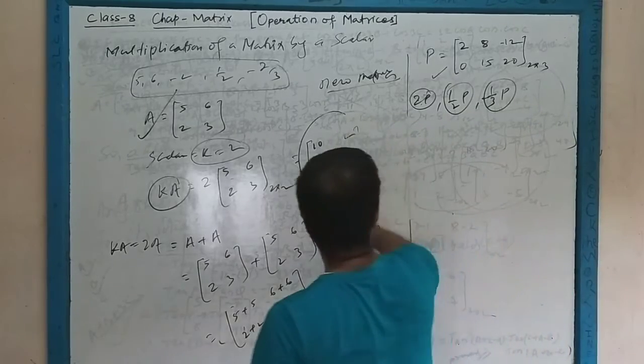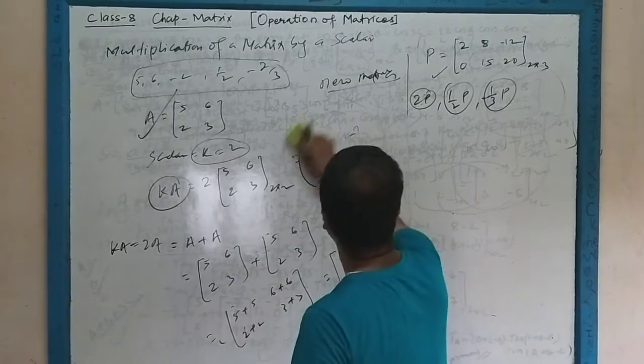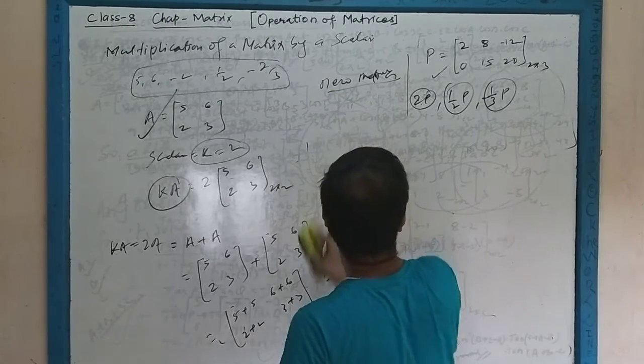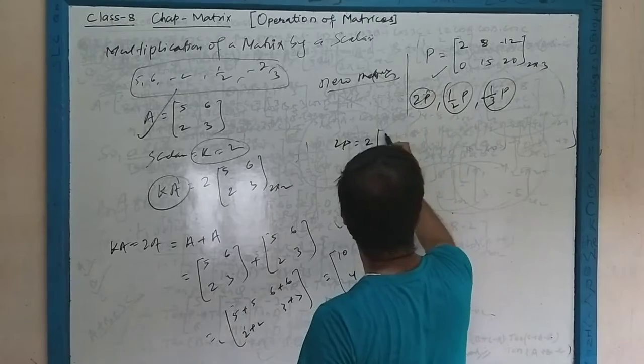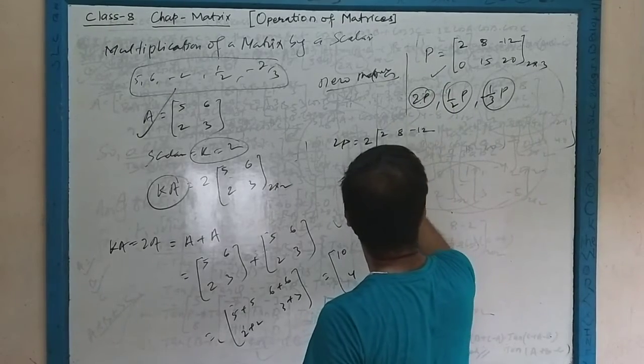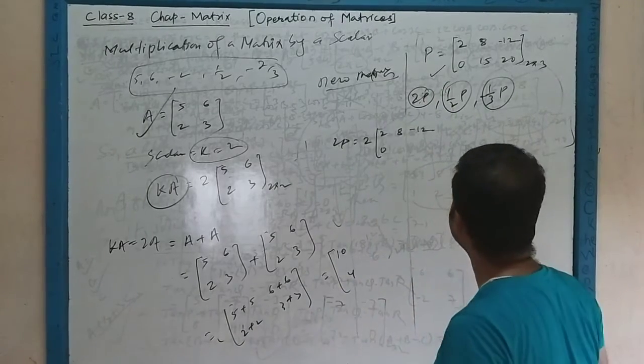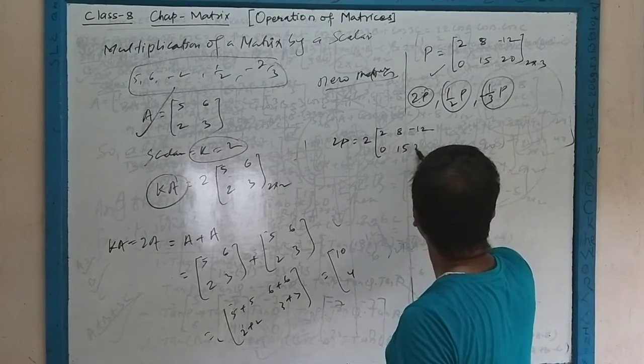Suppose you need to find matrix 2P. Then 2 times this matrix, you write 2, 8, 12. Since you are in class 8, you do it stepwise. Don't write directly.